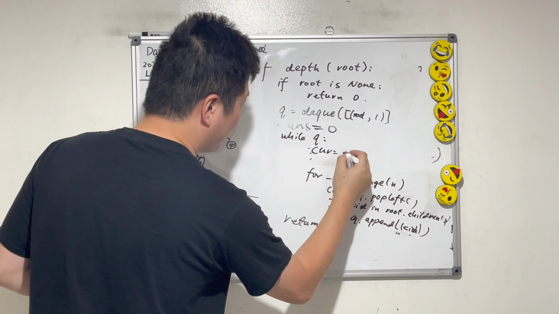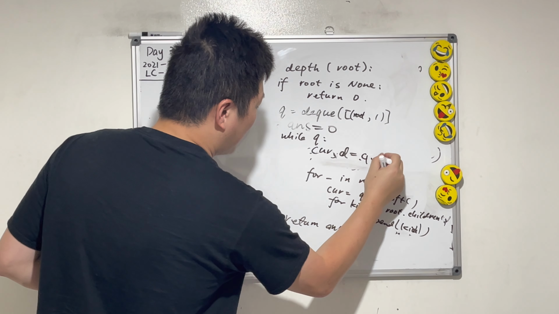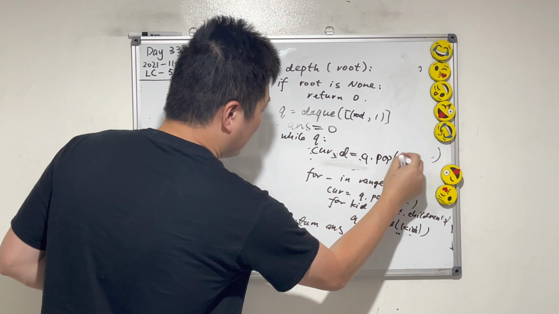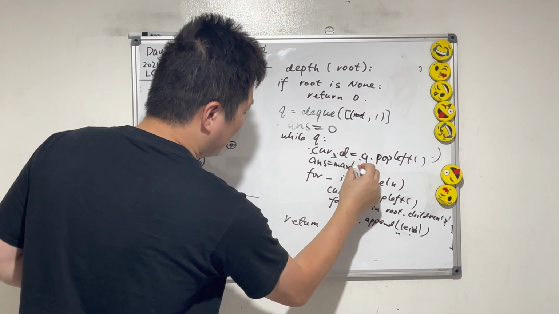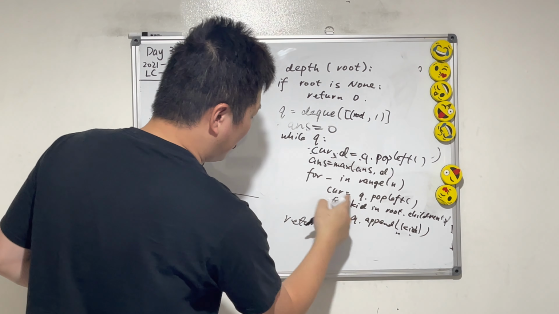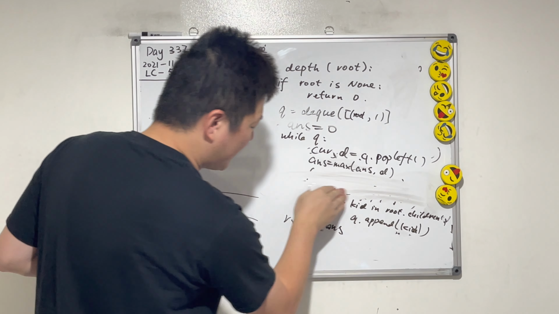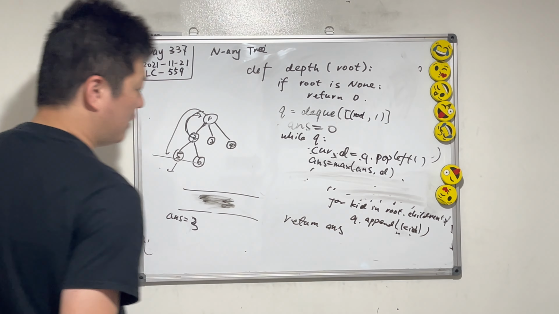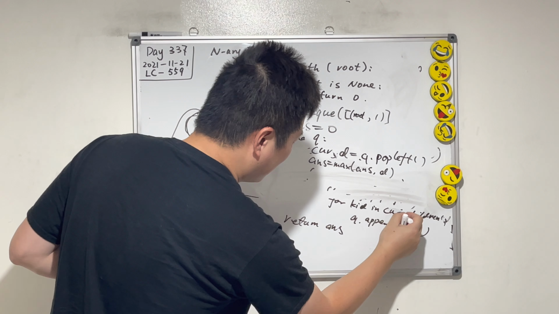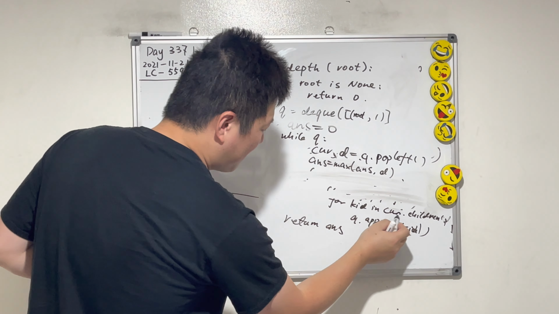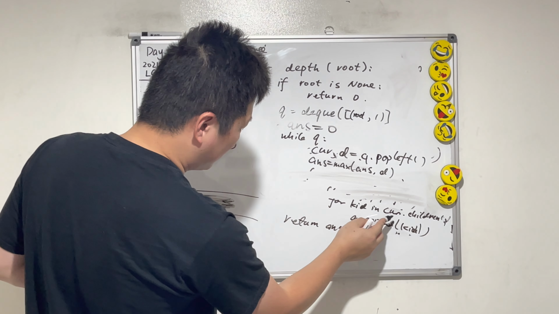So I say current, d equals q.popleft(). Then I can say answer equals max(answer, d). Then I just do this: for kid in current.children. Previously it was root, but this is current, I made a mistake there.